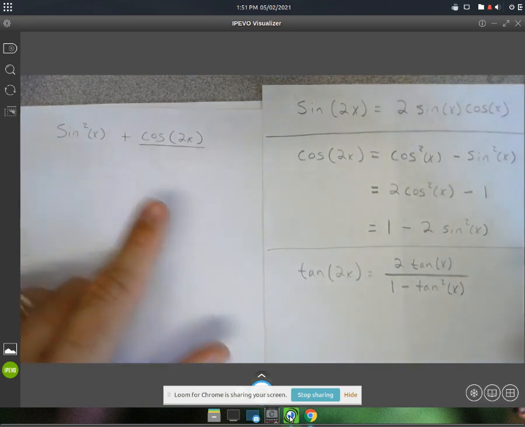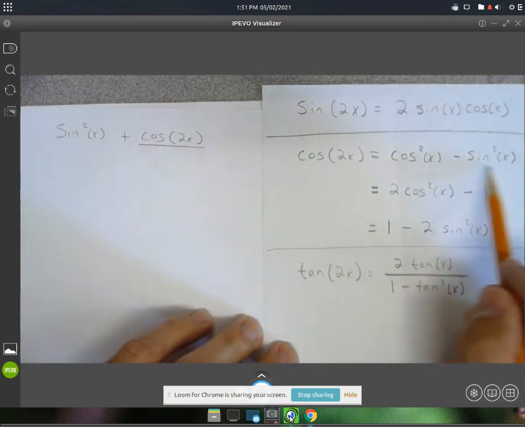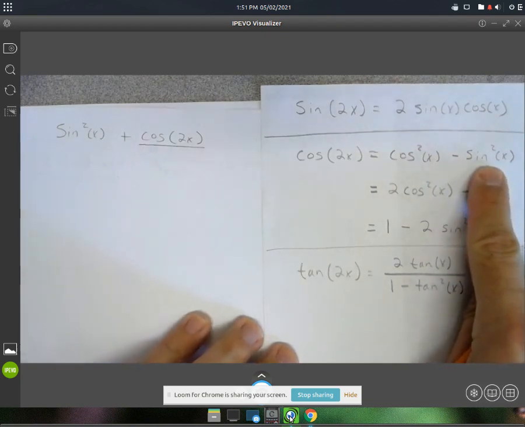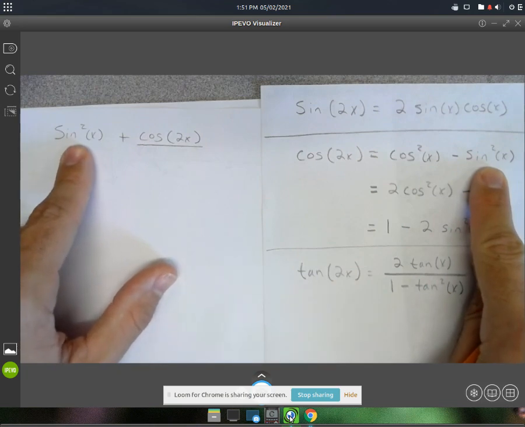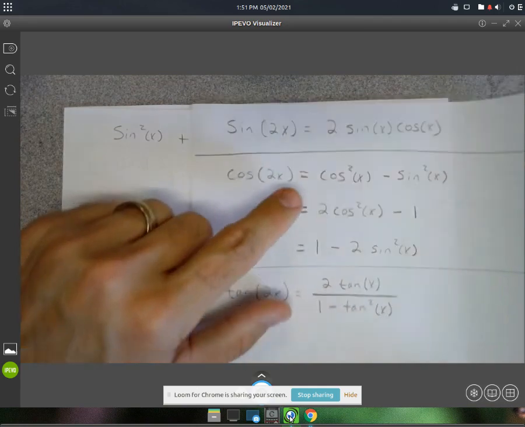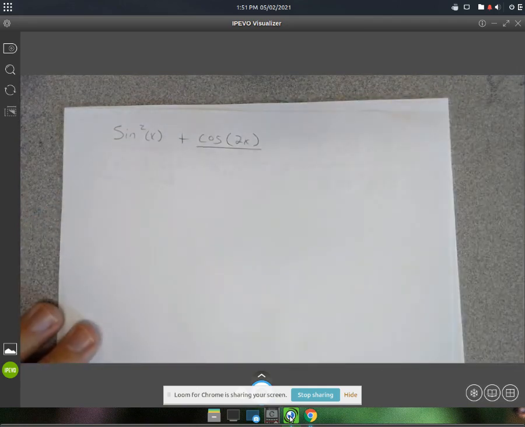But what I notice here is that if I use the top identity, I have a negative sine squared x in it. And if I have a negative sine squared x and a positive sine squared x, those are going to fit nicely together. So that's what I'm going to do, I'm going to use this top identity.